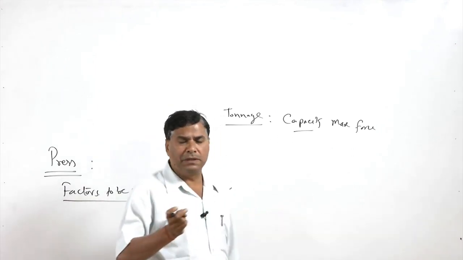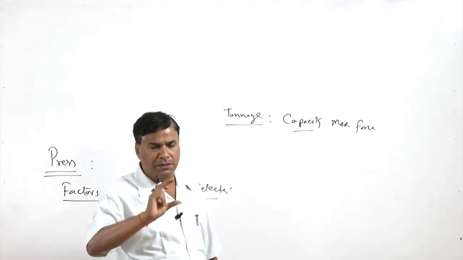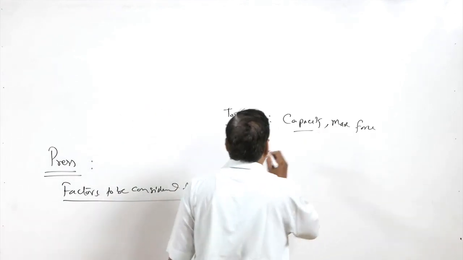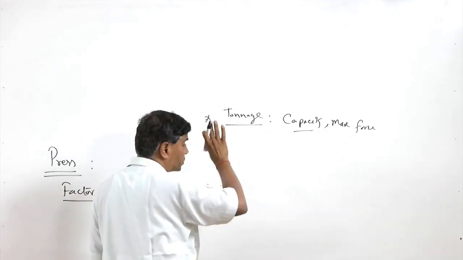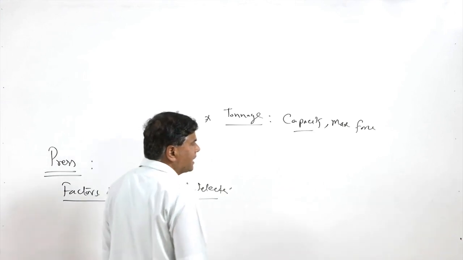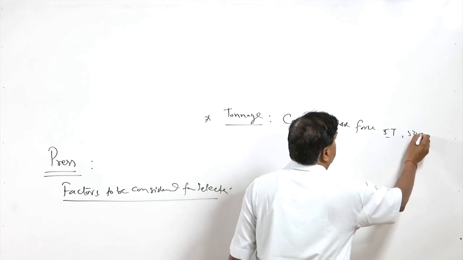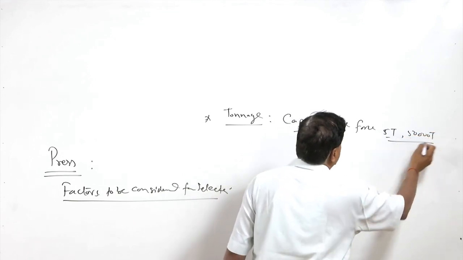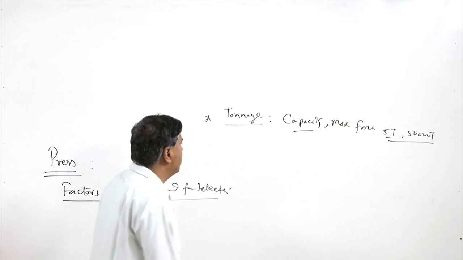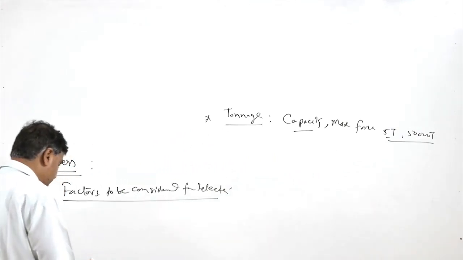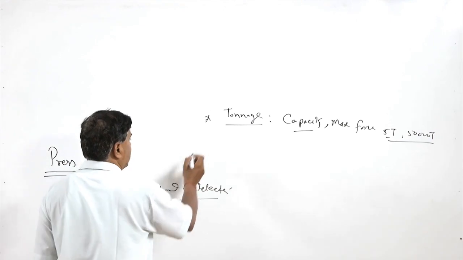So, depending upon the metal which is to be processed, or the thickness of the sheet, or the requirement of the forces, a press of suitable tonnage is selected, which may vary from 5 ton to 50,000 tons capacity. So, as per the requirement, the press of the suitable capacity can be selected.